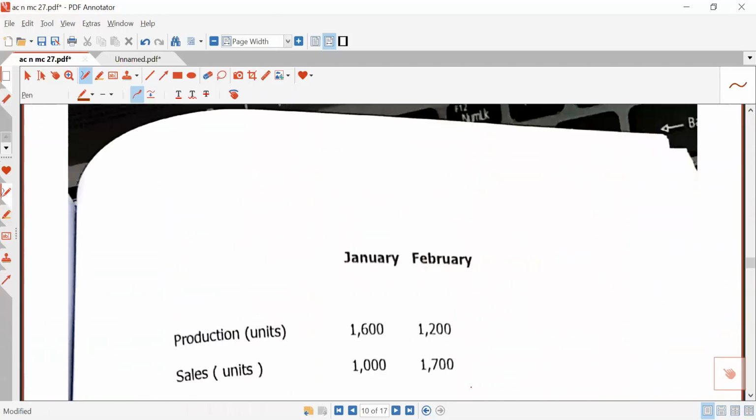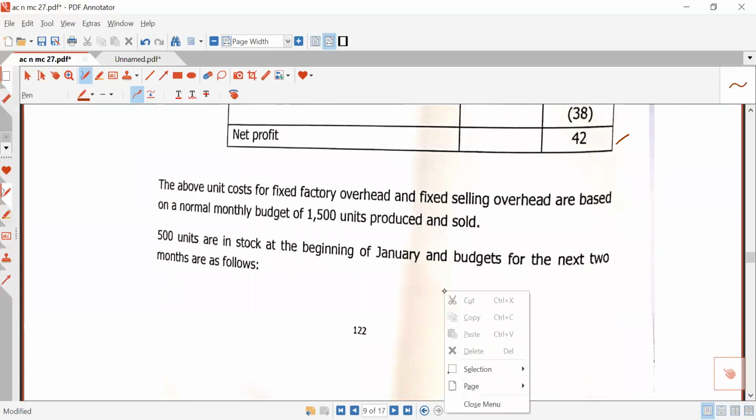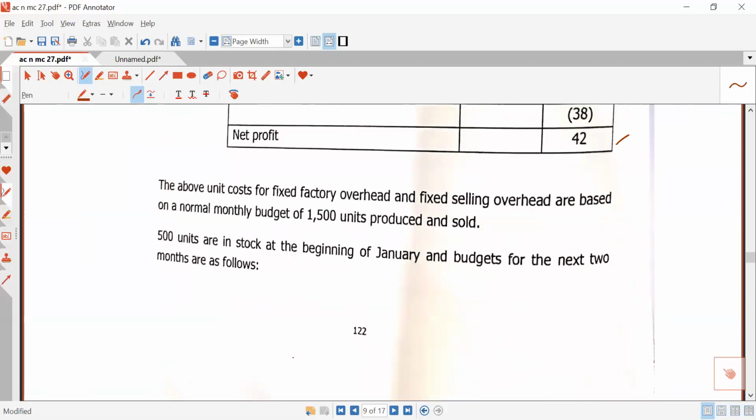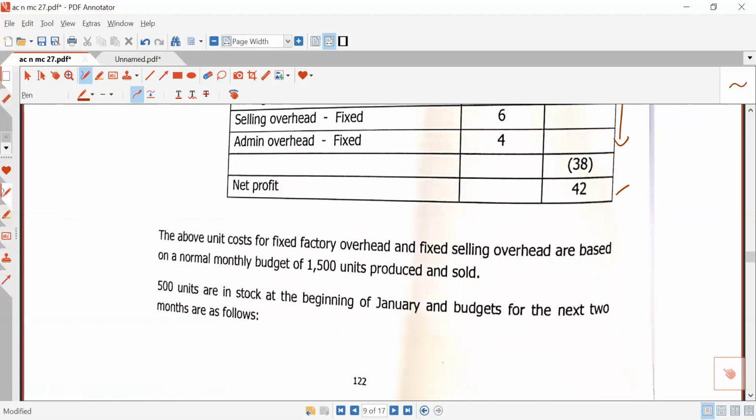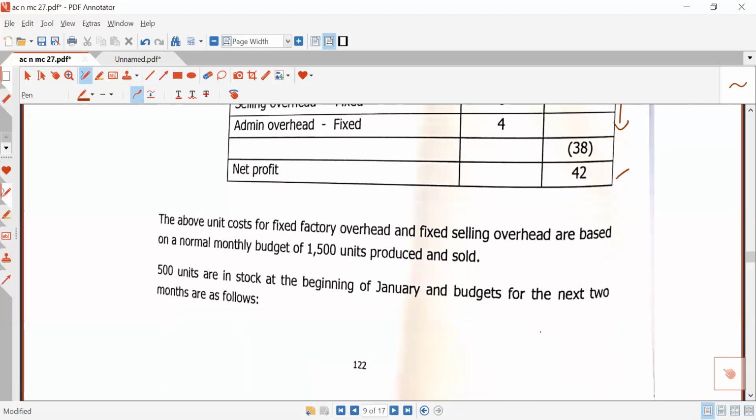Also, if you look at the question, the above unit cost is based on fixed factory overhead and fixed salary overhead based on a normal budget of 1,500 units produced and sold.